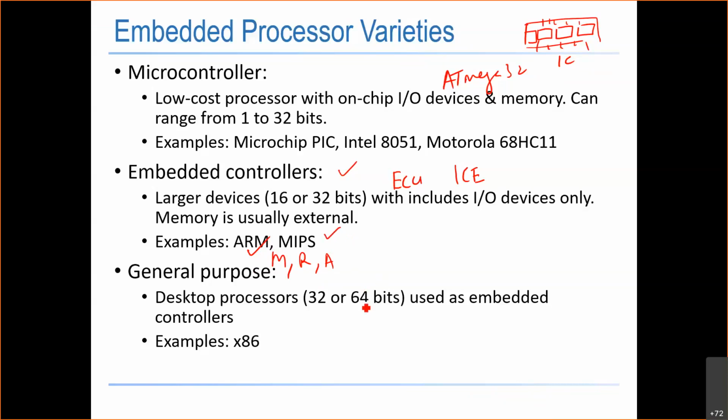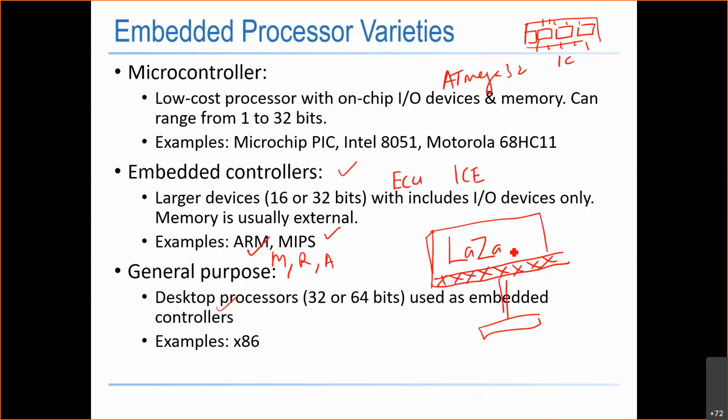In some problems, you may just want to use a desktop processor. So you have this Intel processor or an AMD processor, and you want to use it in your embedded application. For example, you have an ATM machine, or you may have what we call a digital billboard, a big billboard by the roadside. Let's say there's an advertisement, a Lazada sale, for example.